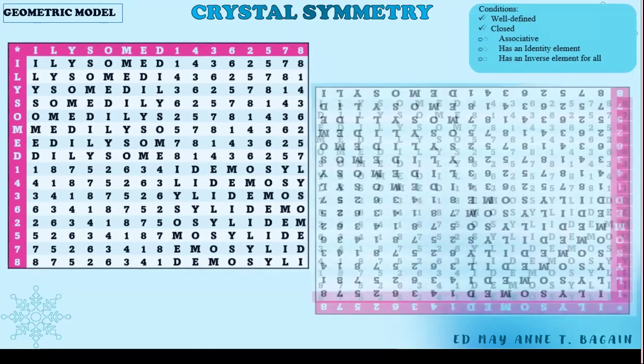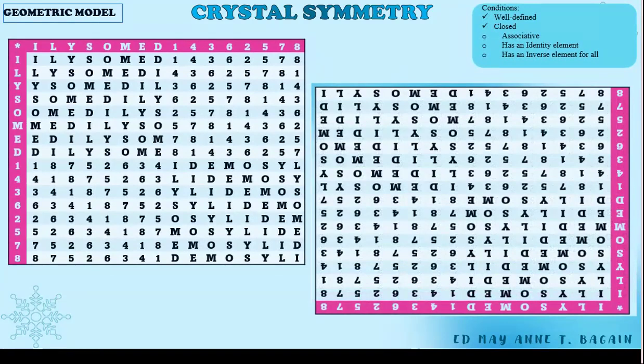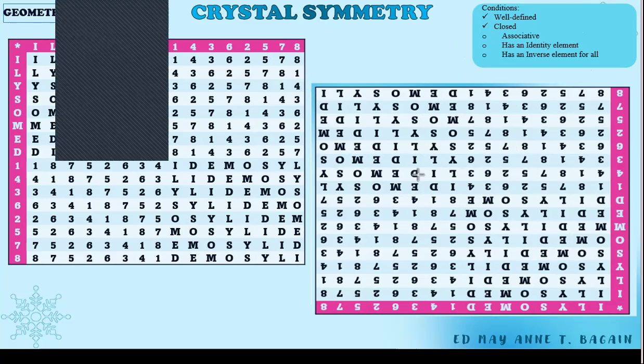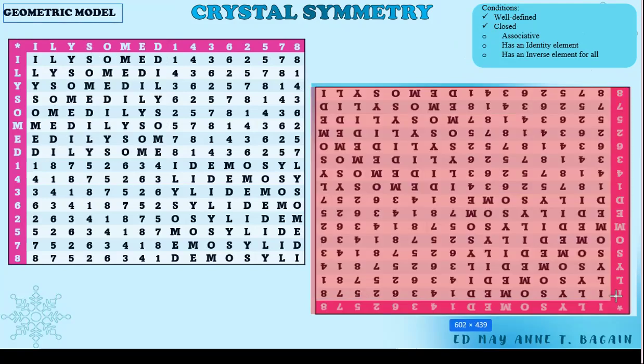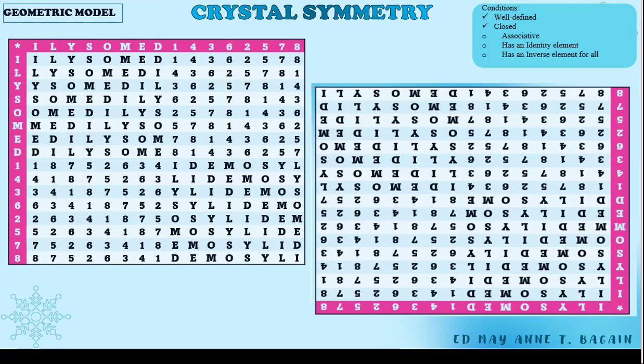I rotated the table 180 degrees to see if it is symmetrical to our original table. Then I interchanged rows to verify the structure of the table. We will be looking at the next slide after showing you. This would be the 180 degrees. And let's see how it looks if we flip the numbers inside.